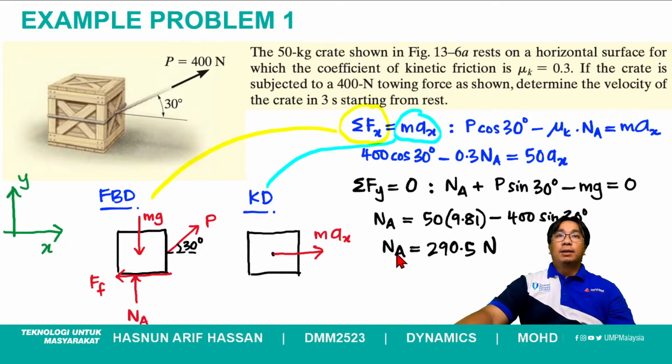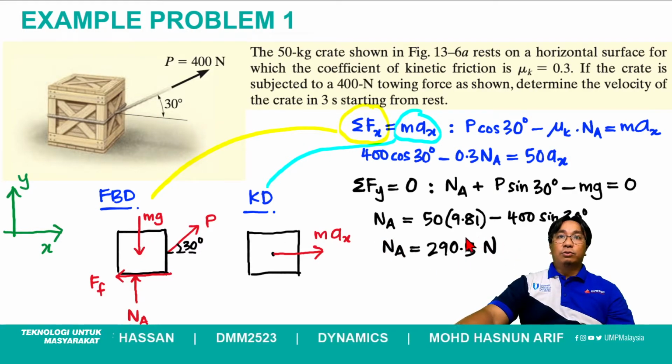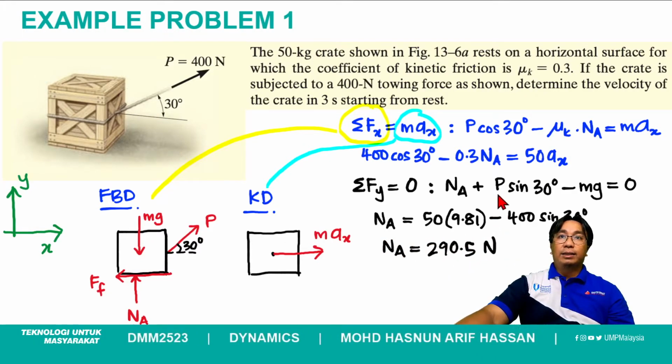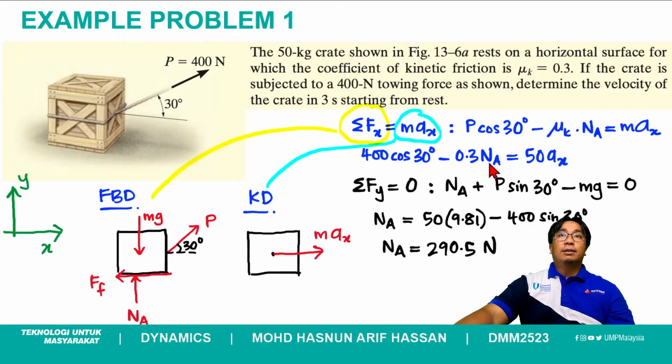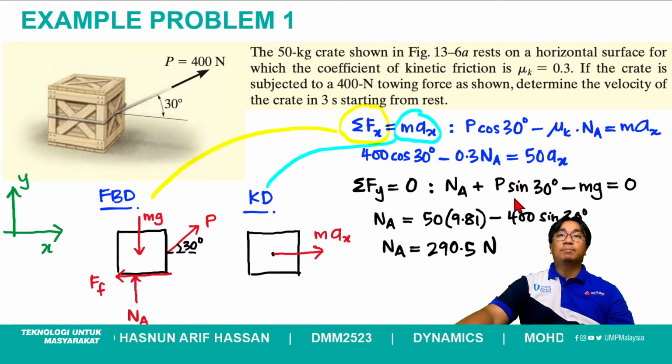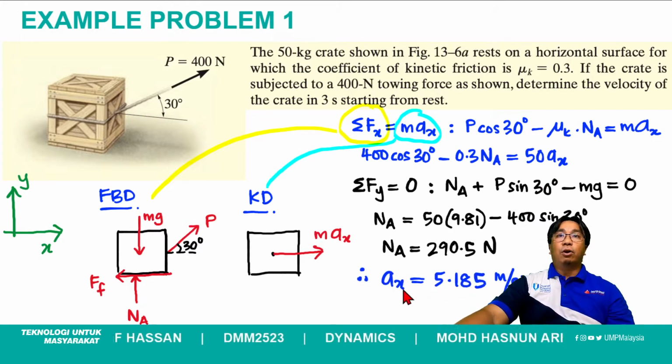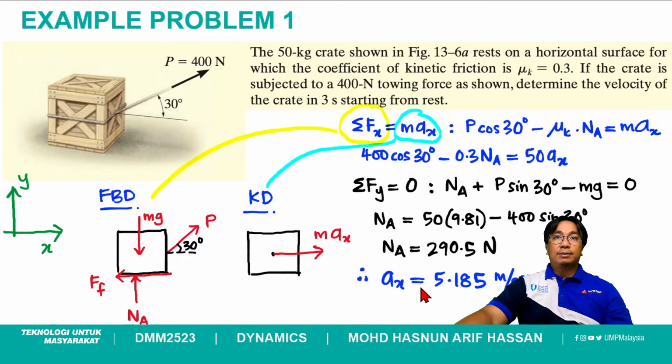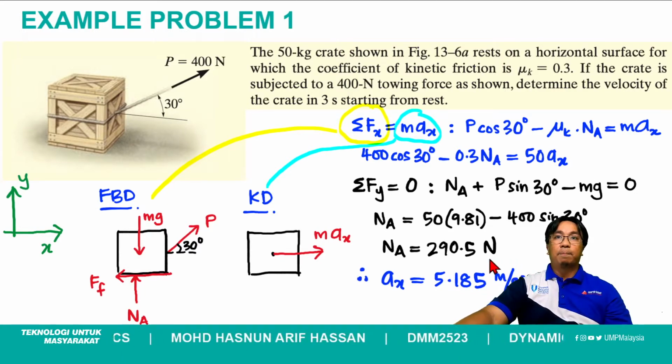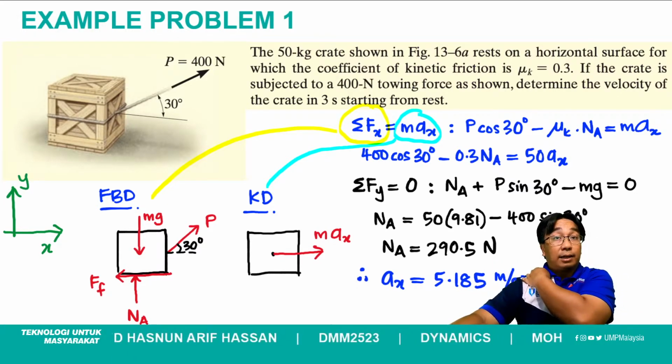When we have NA equals to 290.5, we can then substitute in our first equation, in here, to get the value of AX. AX is equal to 5.185 meter per second square. This is the unit for acceleration.